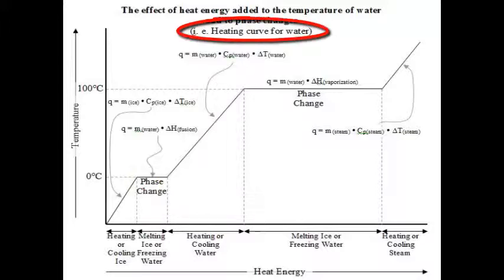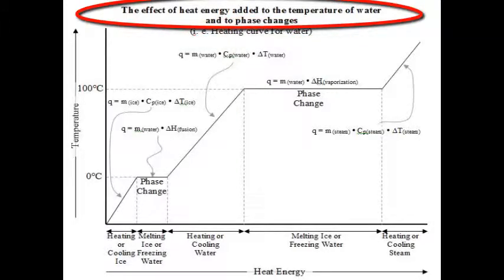Now, the title you're supposed to write for this is the effect of heat energy added to water on the temperature and phase transitions. A phase transition is when you go from one phase to another: solid to liquid, liquid to gas, or back the other way.